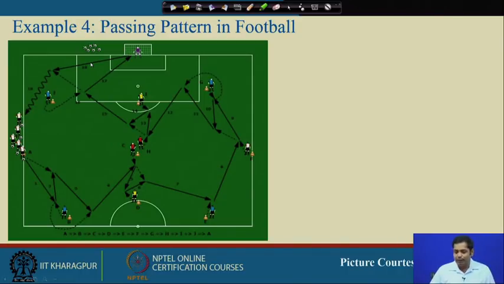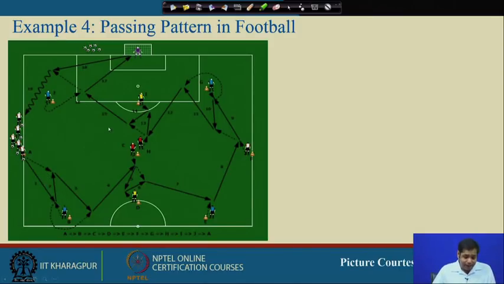You see, the objective is, from position A, to pass the ball to different fielders in such a way that we can make the goal. Now you see all these passing patterns are shown and the movements are shown by arrows. One is the dotted arrow, the passing pattern, and the bold arrows are the movements of the players.